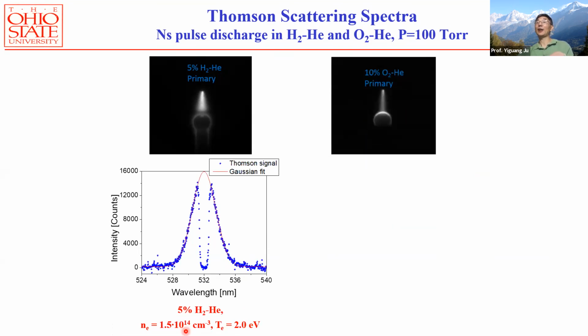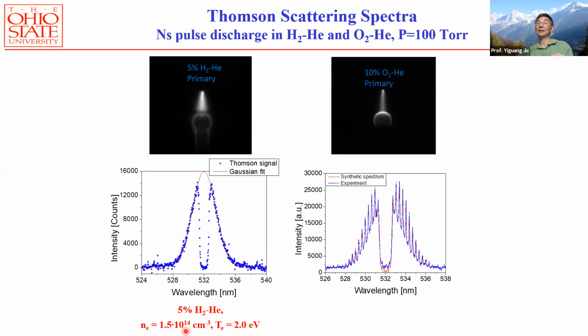In 10% oxygen in helium, the electron number density dropped by an order of magnitude, because electrons like to attach to oxygen, and the electron temperature also dropped. So this again shows it is very critical to measure how electron number density and temperature depend on the reactants: hydrogen, methane, and oxygen all affect the electron temperature and electron number density.